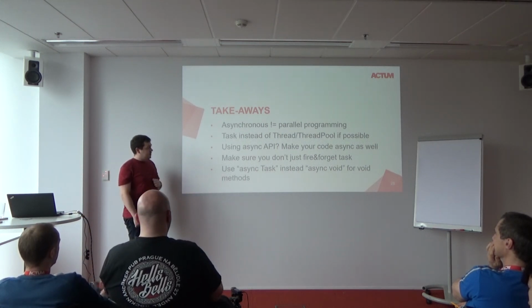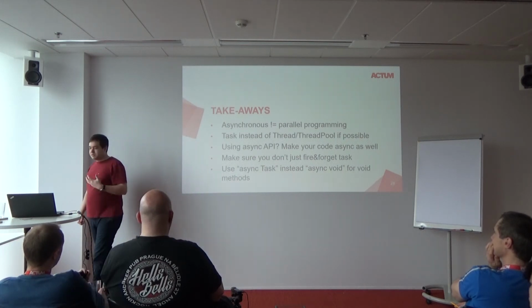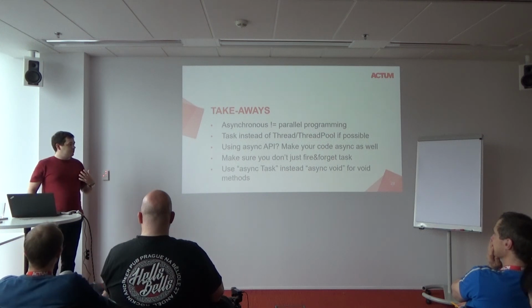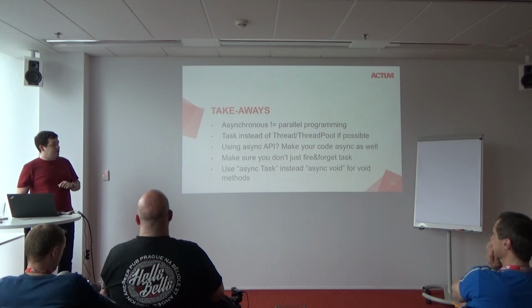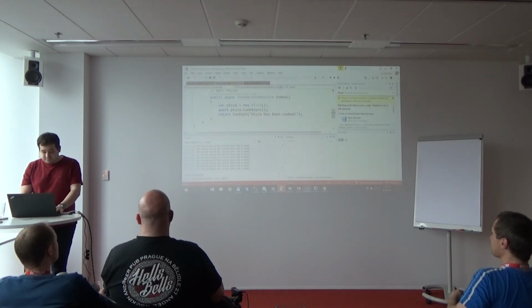Another thing I already mentioned: if you're creating a task, always try to read the result of the task. Don't use it as fire and forget, where you just create a task, start it, and forget about it. You should always read the result, because that's exactly what await does.